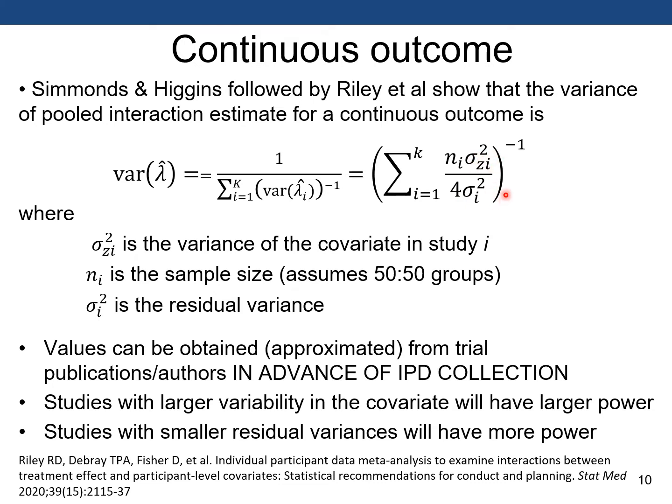And studies with smaller residual variances will also lead to more precision and more power. So we can't assume that every single trial in the meta-analysis will have the same weight or the same contribution towards the power, because it depends on their sample size and the variability of covariates and residual variances. So we need to take that into account.